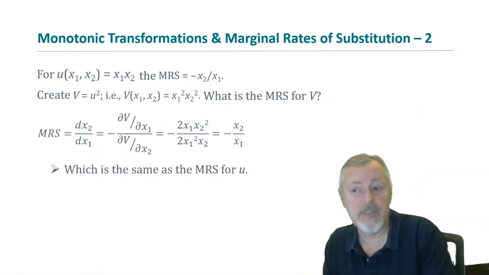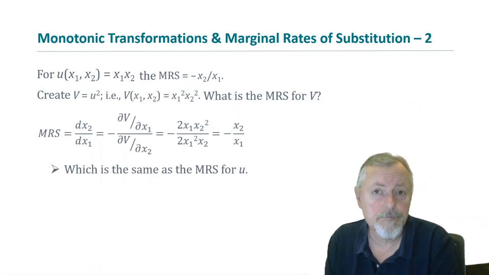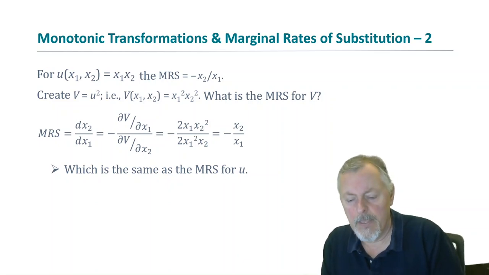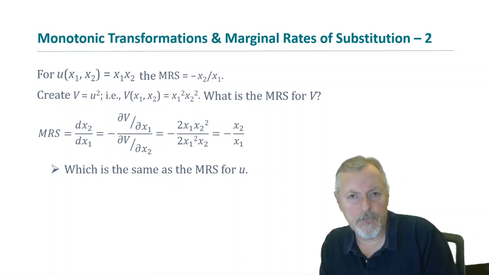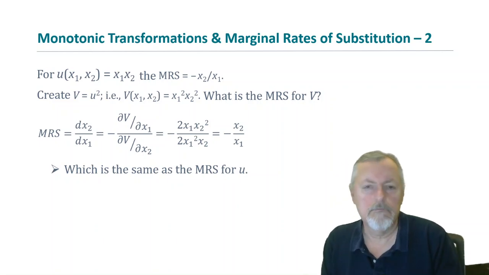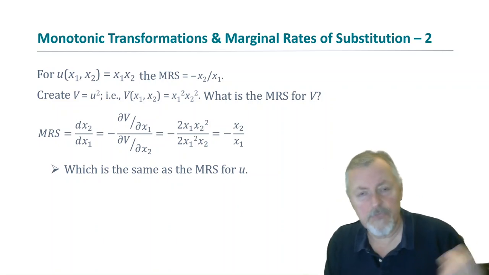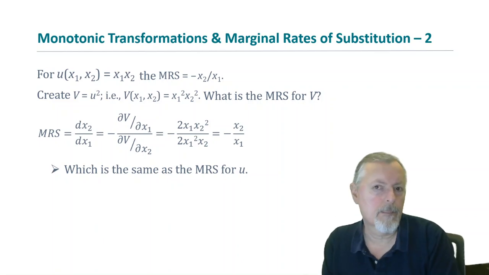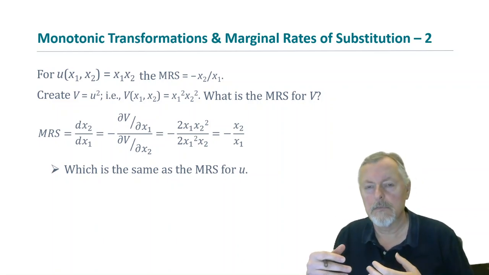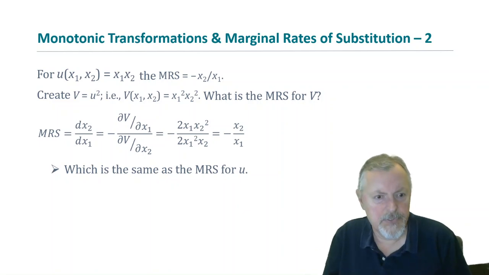The short answer is nothing at all. Think of it without the math for the moment. The marginal rate of substitution is the rate at which you're willing to trade units of this for units of that. You can express that preference with any math you want.